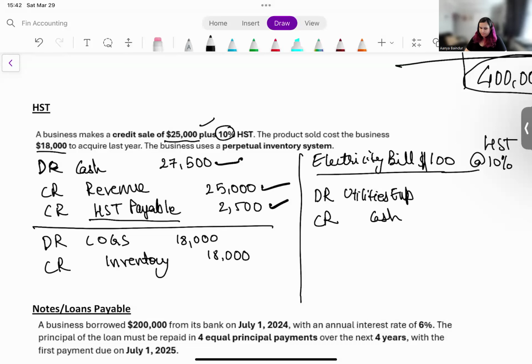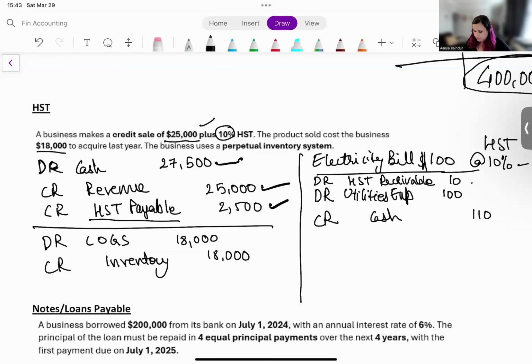But at the same time, you also got charged HST on it. So your utilities expense will be $100 here. That's how much you incurred. And the amount of cash you had to pay was 10% of this plus 100. So that's $110, which means you have an HST receivable of $10.